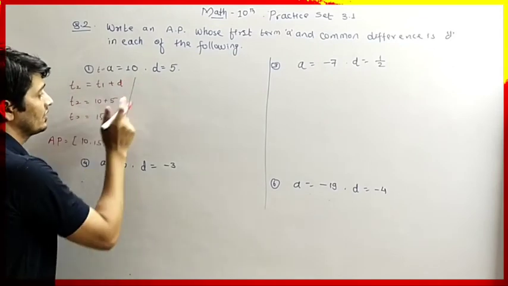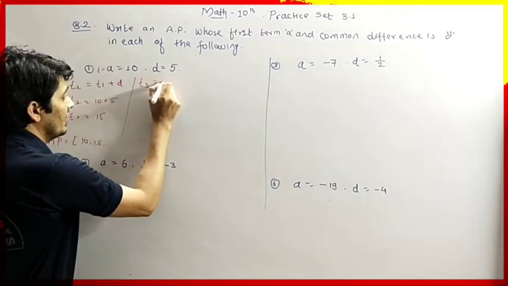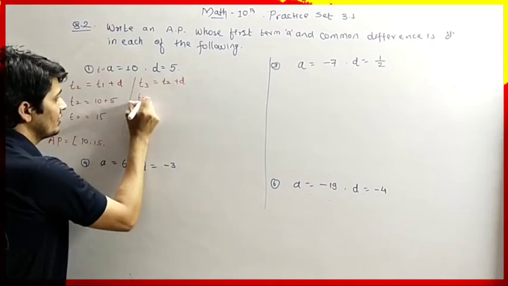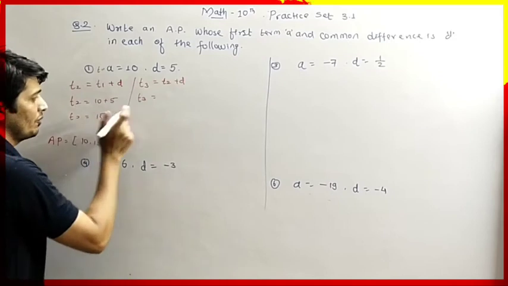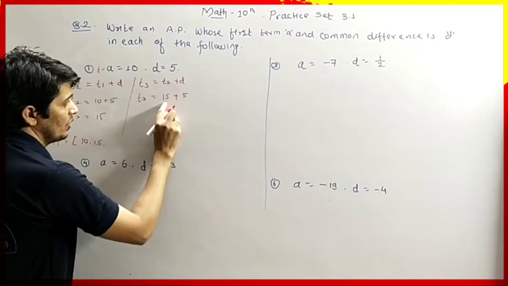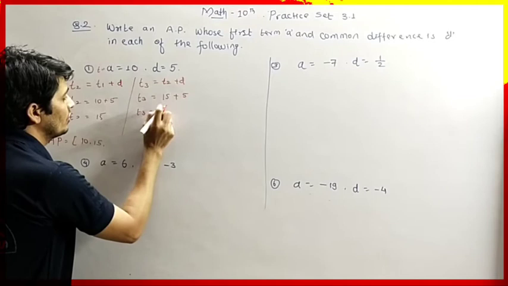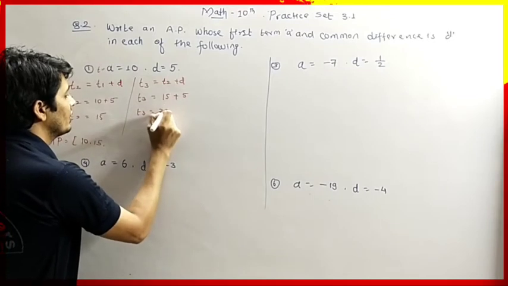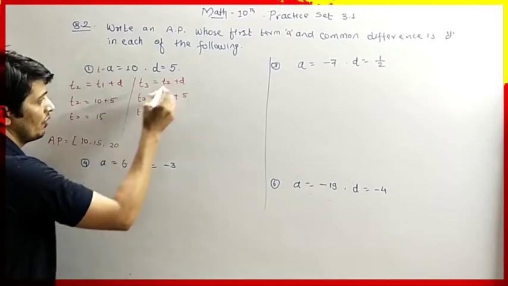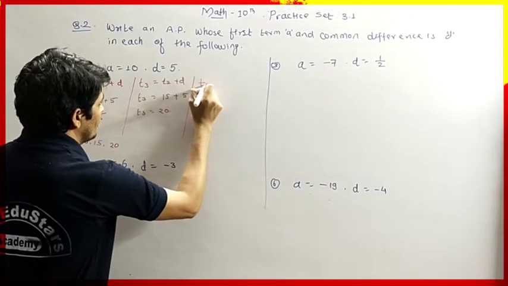Now we have to find the third term, T3. T3 equals T2 plus D. What is T2? It is 15. And D is 5. So 15 plus 5 is 20. So T3 equals 20, the third term. Now we will find one more term, the fourth term.